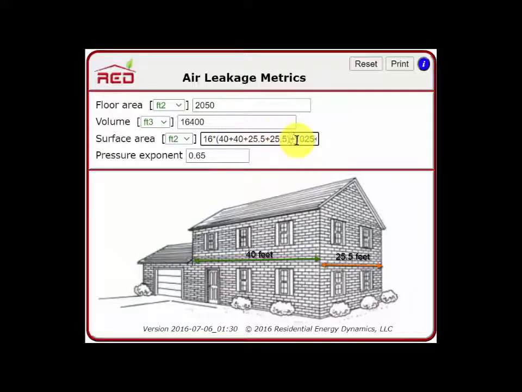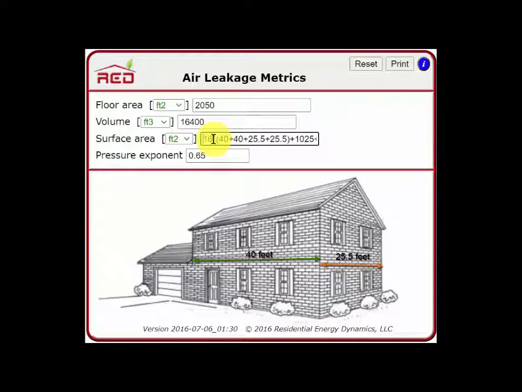And then we also have to include the floor, and we have to include the ceiling. So we have the floor of 1,025. We have the ceiling of 1,025. We have the sides of the house, 40 plus 40 plus 25.5 plus 25.5.